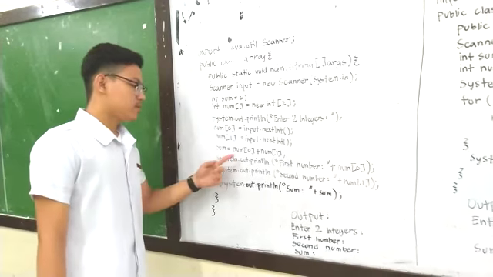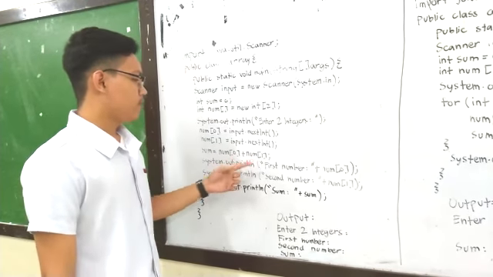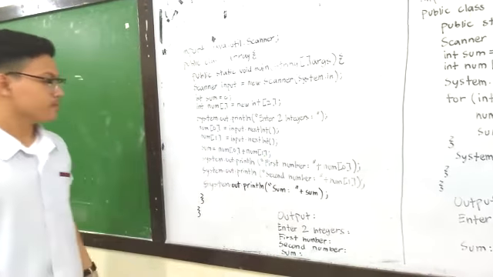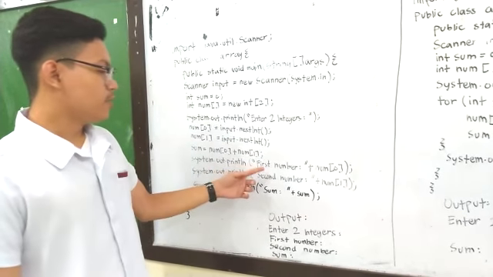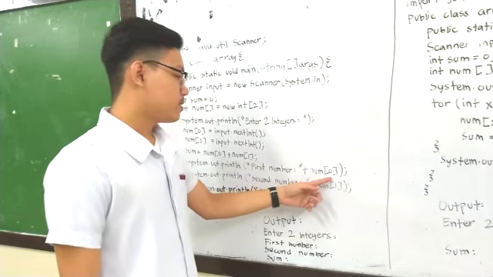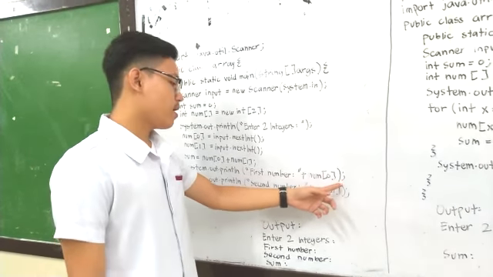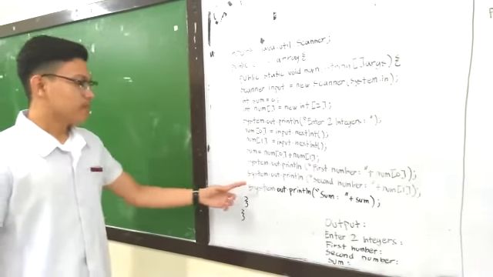Sum equals num index 0 plus num index 1, then semicolon. System.out.print, then open parenthesis, "First number" plus num index 0, then close parenthesis, then semicolon.